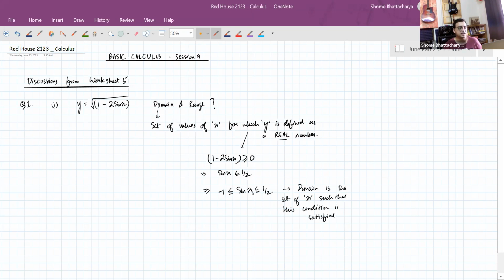It is coming from the fact that sin x itself is a function which can never go below -1. No? So that means the quantity inside the square root here should be such that our term sin x should be less than or equal to half. That means it will be ranging between -1 and half. Okay, Abhinav, this was the difficulty that you were having. Hope this is clear now.